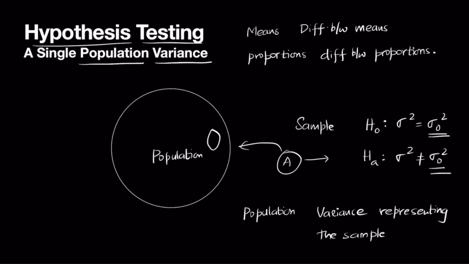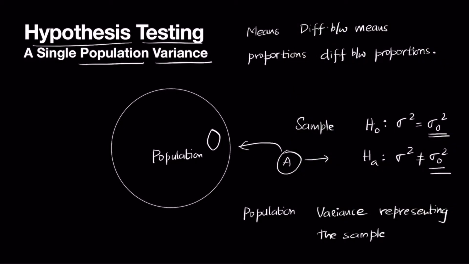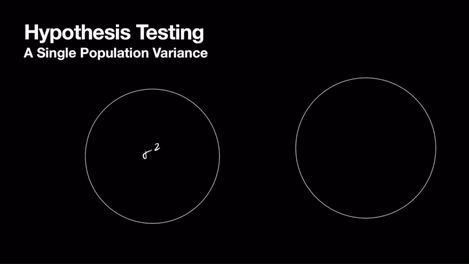The best way to understand this is with a small example. Let's say I have one population right here. This population has a variance of sigma square, and I have another population here. This population has a variance sigma naught square. What we are testing in hypothesis testing here is that rather than comparing a sample variance with a population variance, I have a sample variance right here.